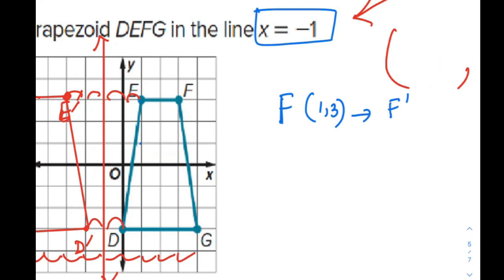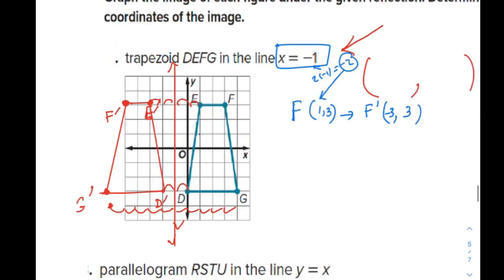So F prime will be what? We will keep the 3. We will play with the x. So 2 times -1 is -2. -2 minus 1 is -3. F prime should be at -3, 3, which is correct. This one, -3, 3. Okay.